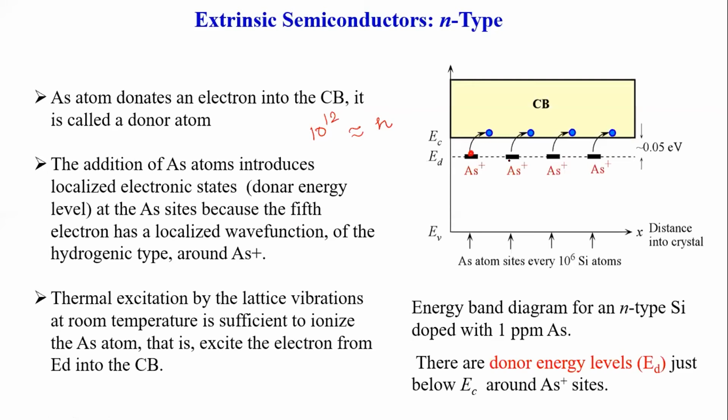The energy separation between this level and the conduction band, since it is for the donors, we call a donor energy level. This electron will move to the conduction band when you give energy equal to 50 milli electron volt, or 0.05 electron volt. Clear? It is easily conductible at room temperature.